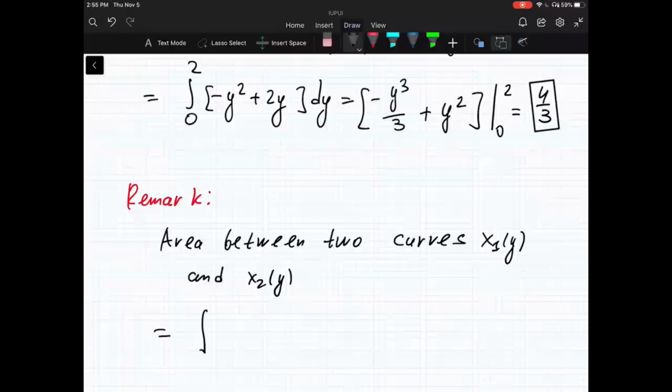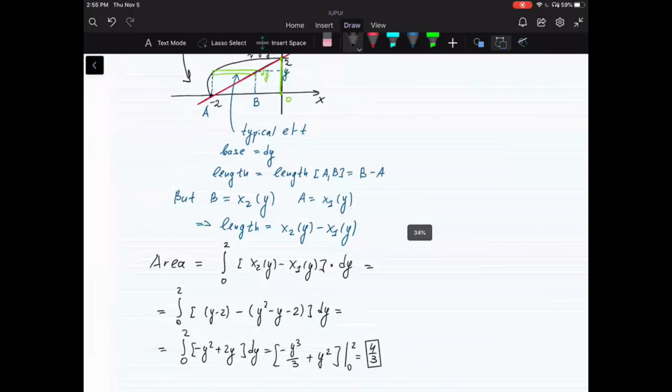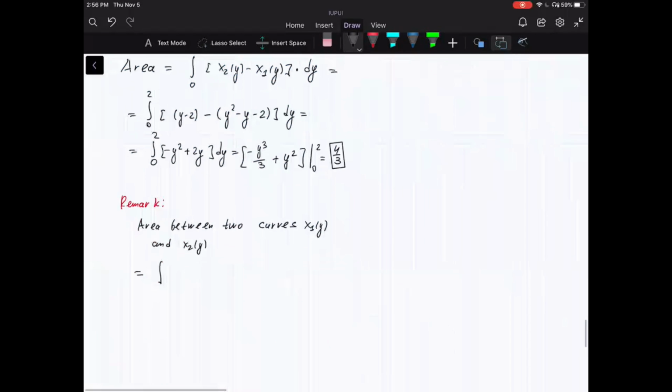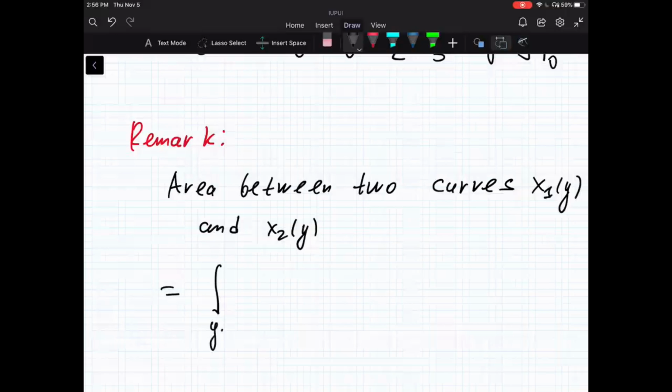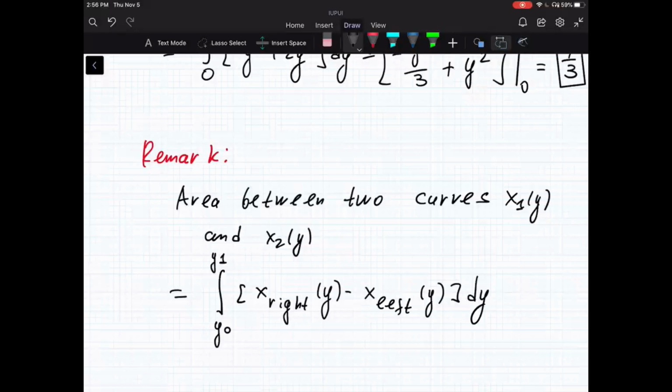So remember, when we integrated with respect to x, we had f top minus f bottom, while here we see that we have the integral of one function which is to the right of another. So x2 is to the right of x1. So in other words, I have the integral from y naught to y1 of x right of y minus x left of y dy. And this is also a useful formula.